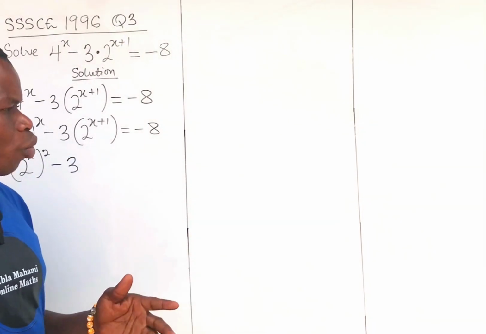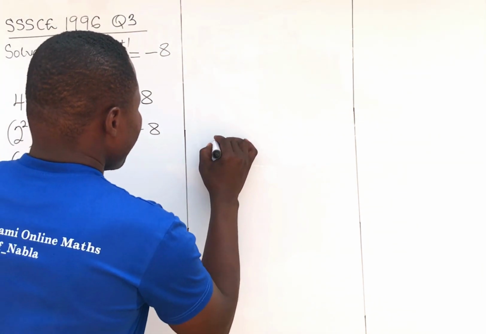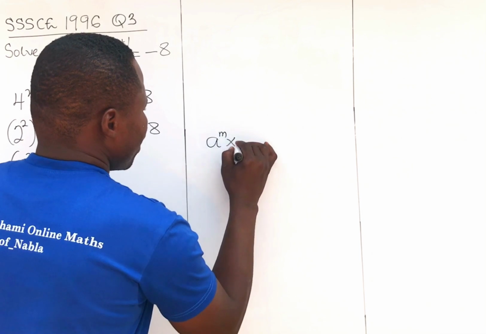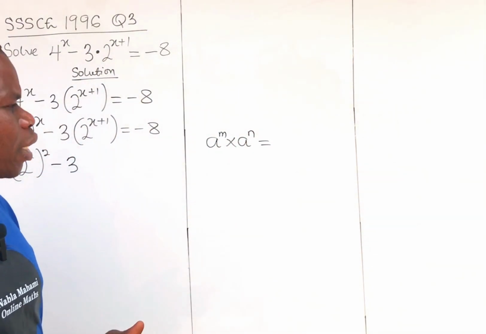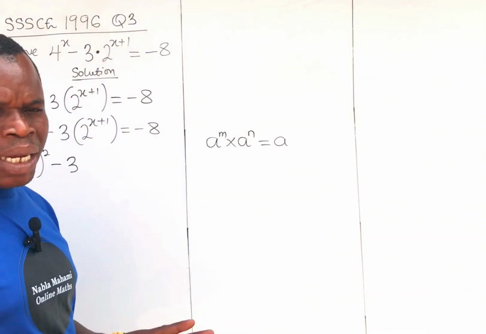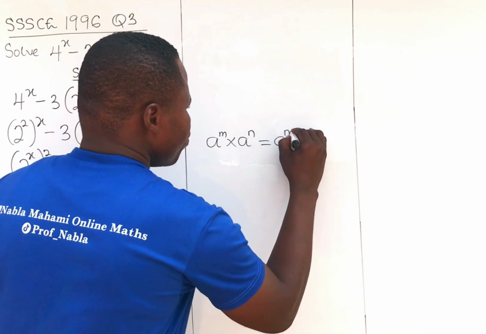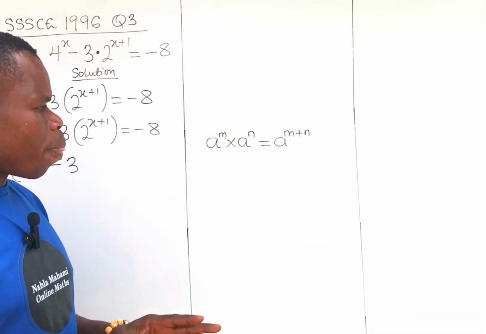This one is from one of the laws of indices, that is the product rule. If I have a exponent m times a exponent n, if I'm multiplying and the bases are the same, I'll pick one of the base and then add the powers, and that will be m plus n. This is one of the basic laws of indices.